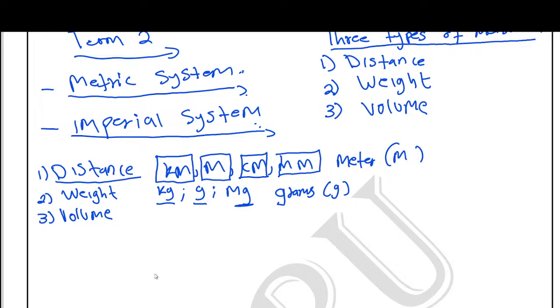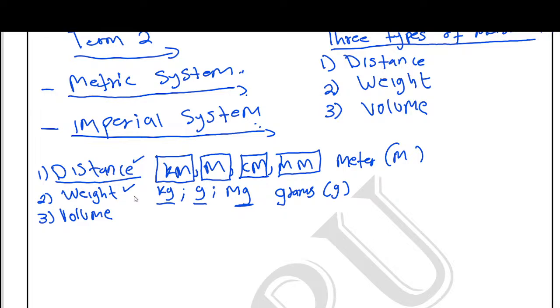Volume. And okay, before I go to volume, I just want to talk about something. A human being can be measured twice. In a human being, we can measure the distance, and we can also measure the weight. That means in the distance, we measure the height, and here we measure the weight. And why are they important for us?